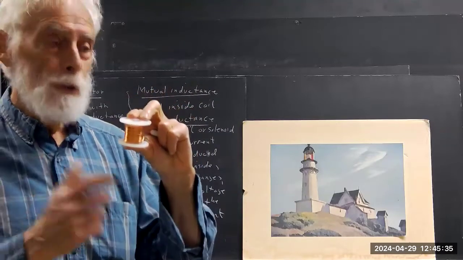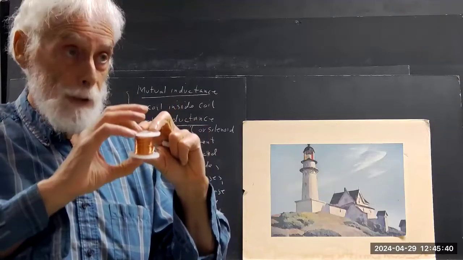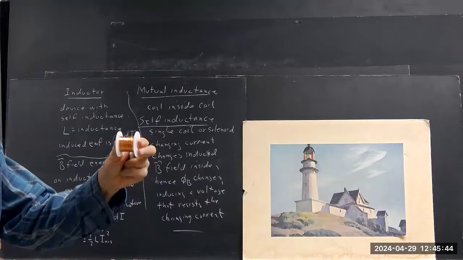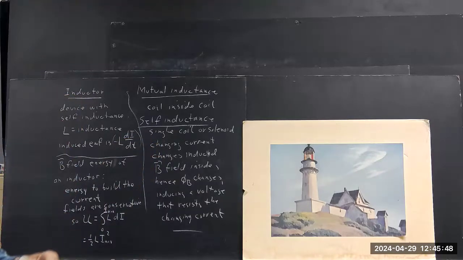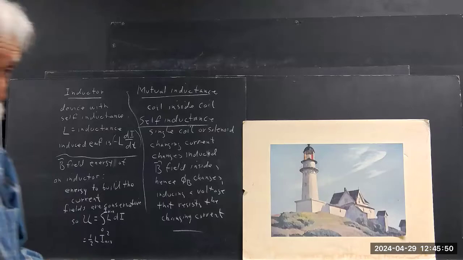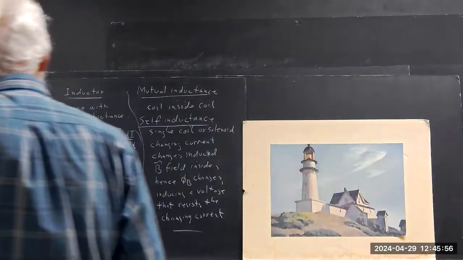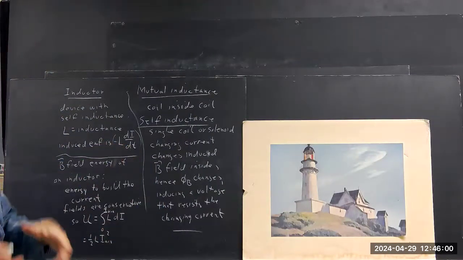Even if there was no resistance involved, it takes energy to build that magnetic field. That's how much energy, where L is the inductance, the self-inductance of this coil, which is not that difficult to calculate. We'll go through the details, but that's what we get. If we divide this by the volume inside that coil, then we get the magnetic energy density.